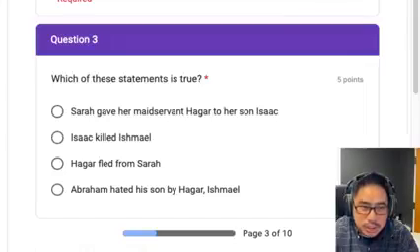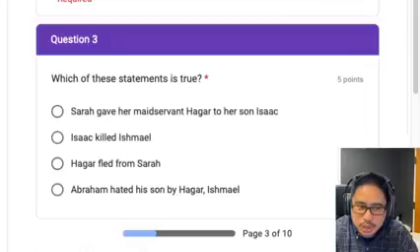Clearly, first one, Sarah gave her maidservant Hagar to her husband Abraham, right? So that's false. Isaac killed Ishmael. I don't believe that happened. That seems false. Hagar fled from Sarah. Of course, Hagar was the maidservant, and once Hagar gave Abraham a firstborn son, there was a falling out between the two.